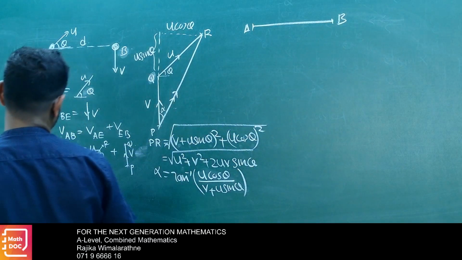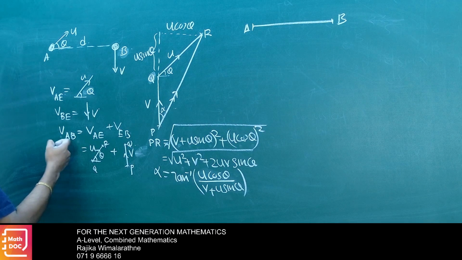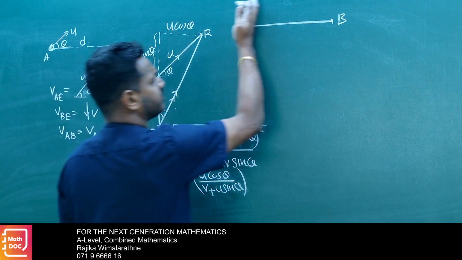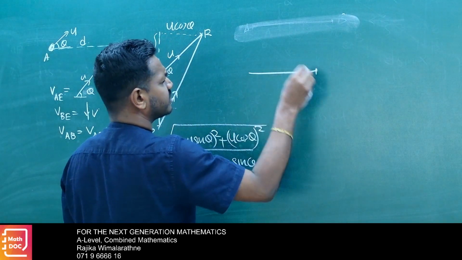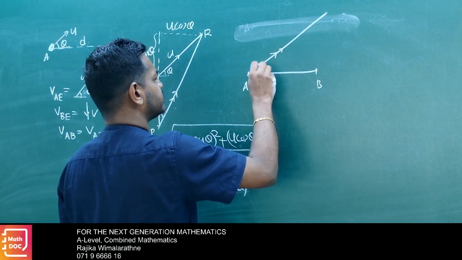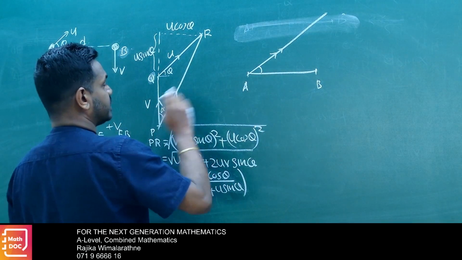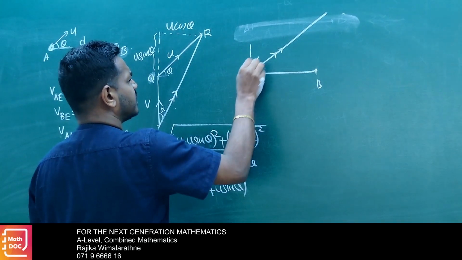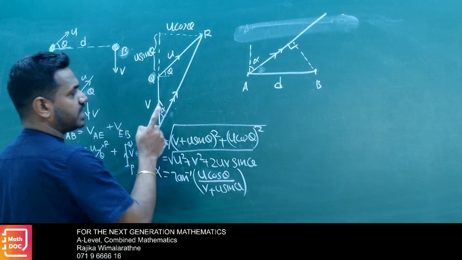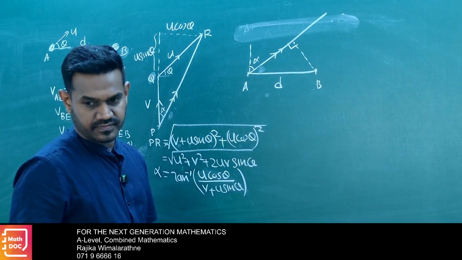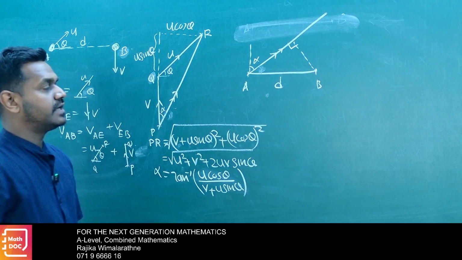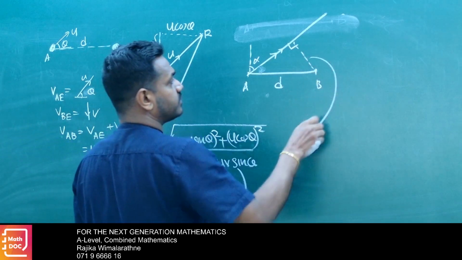B is at rest now, and A is moving along this path, with inclination to the vertical alpha. Sketch a perpendicular; this is the shortest distance now. This is the velocity diagram, and this is the displacement diagram.